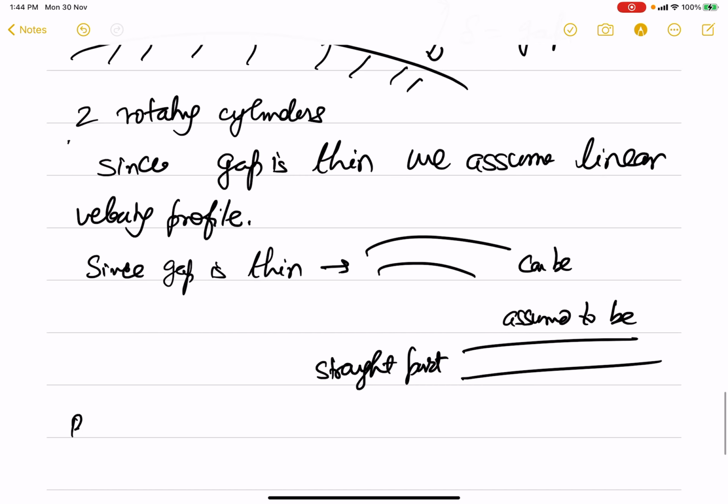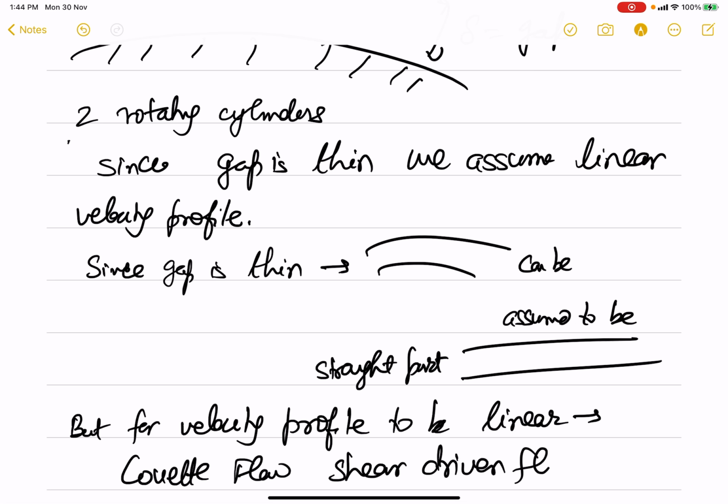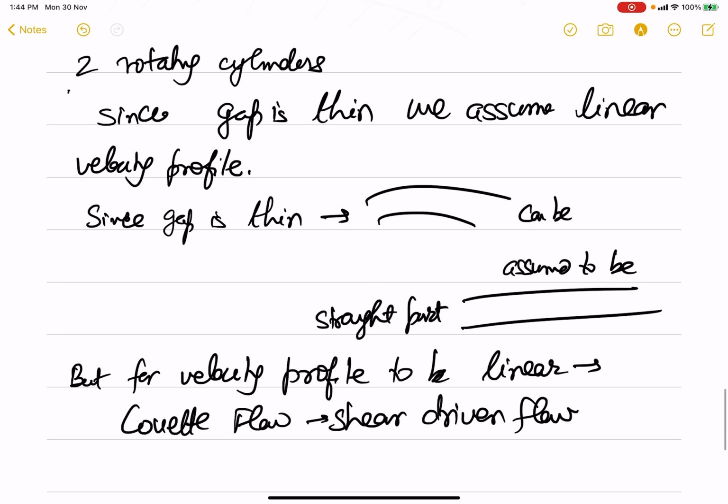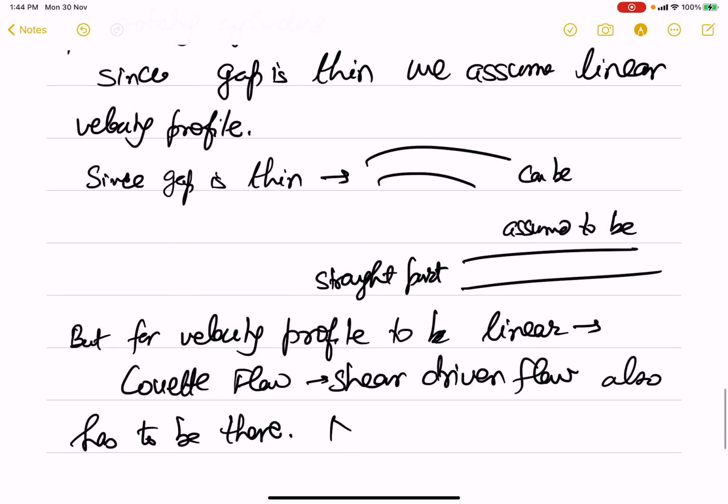But for the velocity profile to be linear, a Couette flow or shear driven flow also has to be there. That means no pressure gradient to drive the flow.